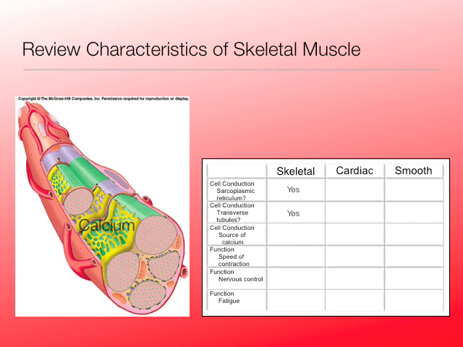Calcium is stored in the sarcoplasmic reticulum, so it's immediately available to the myofibrils. Because these sarcoplasmic reticulums surround the myofibrils, calcium can get in there immediately, right? So we'll put sarcoplasmic reticulum is where that calcium is. Right? And this then directly affects the speed of the muscle.